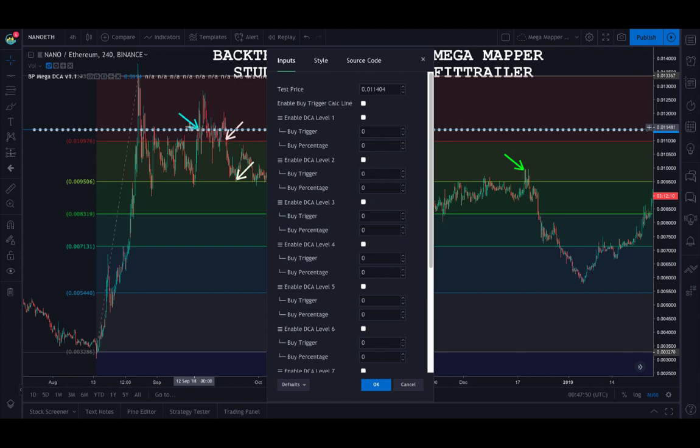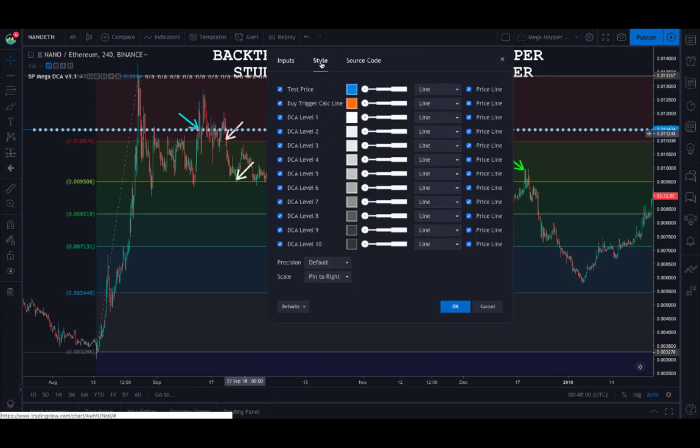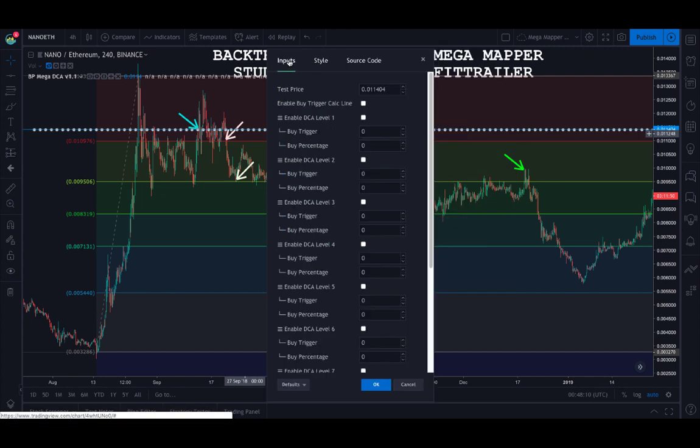And so your test price line comes in right here where we've left the arrow from the complete demo. We kept the arrow there just for ease of not having to redraw them. You can also see we have some styling options here. You can change all of these to your heart's content. We have it get consecutively dimmer as it goes down, but you can make this anything you like.